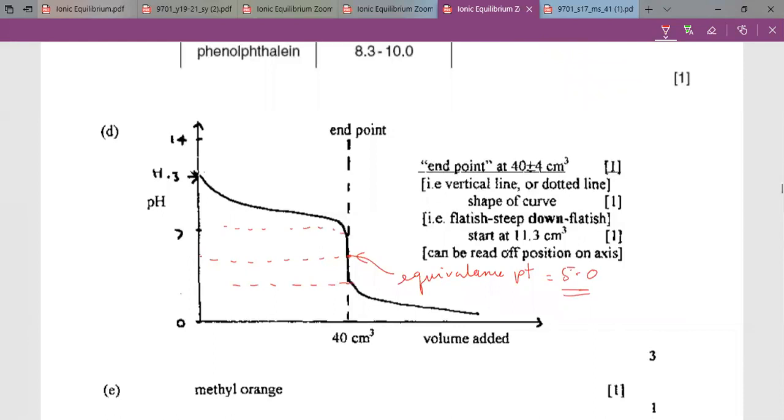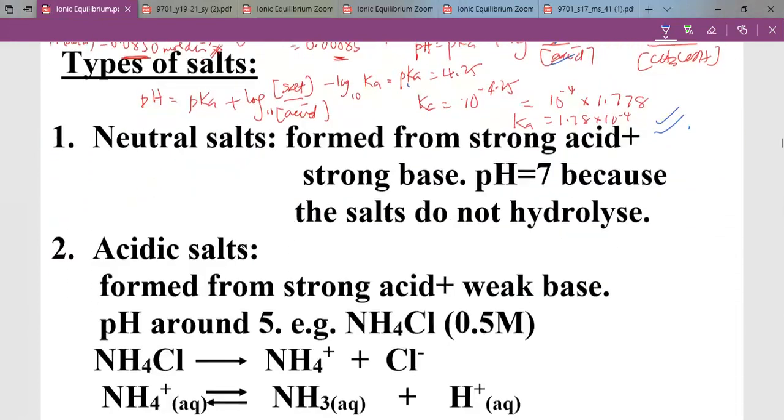Well, because the salts formed are able to hydrolyze. There are types of salts here. Neutral salts formed from strong acid and strong base give a pH of always 7 because the salts do not hydrolyze, meaning they don't react with water. For example, NaOH, a strong base, plus HCl gives NaCl, the salt.